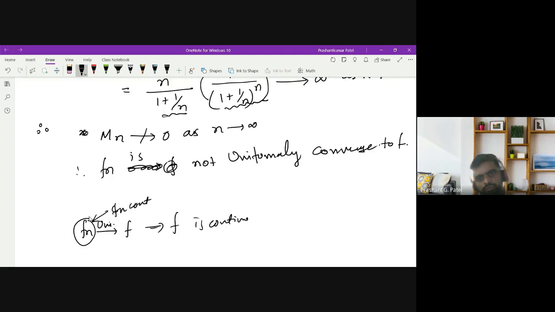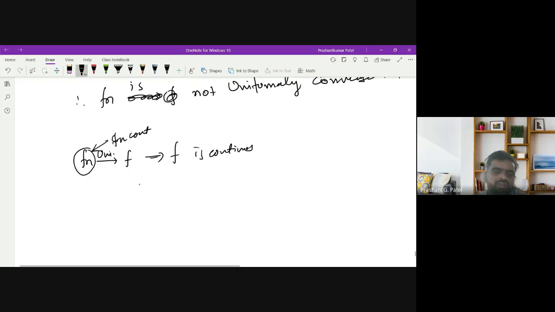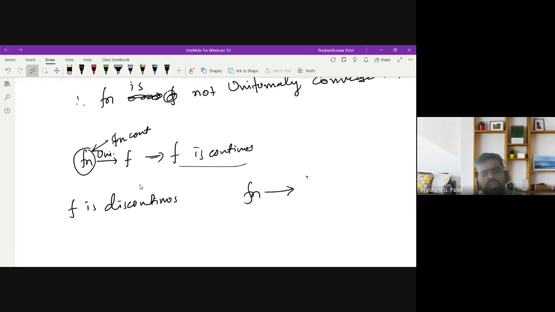The negation of this result is that if F is discontinuous, that means it is not a continuous function, then Fn will never converge uniformly to F. Okay, it always converges pointwise.